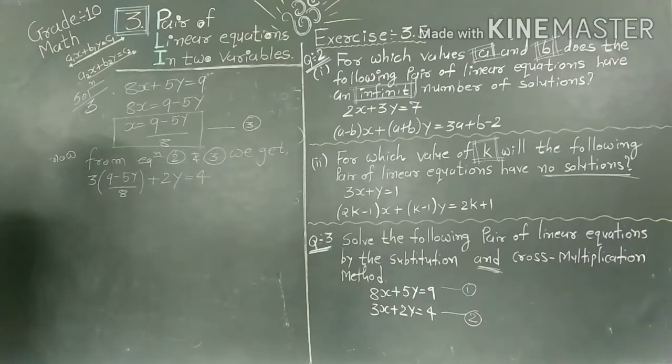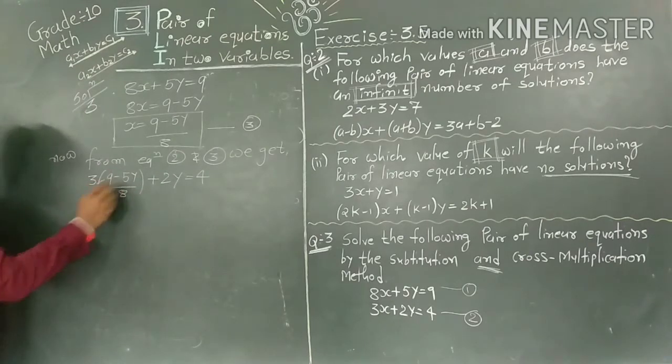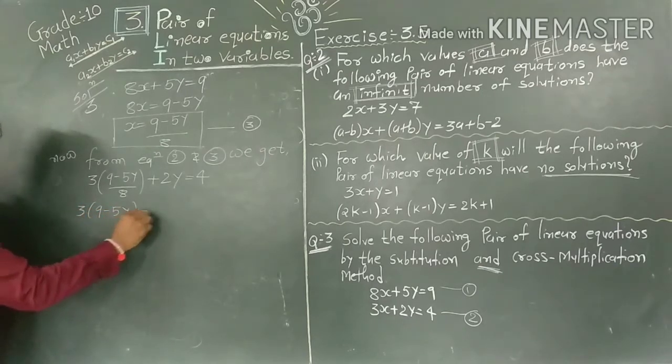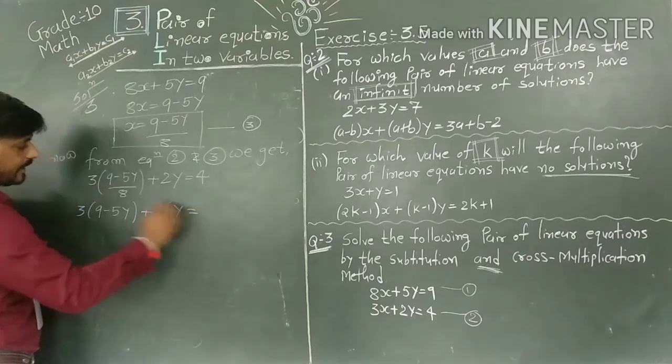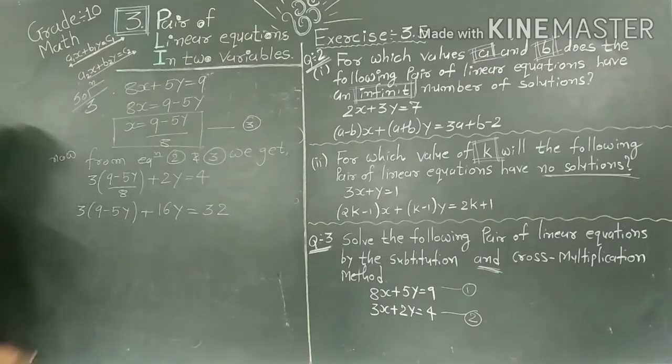Now I multiply every term by 8. What happens here? If I multiply, the 8 cancels, that means 3 into (9 minus 5y) plus 8 into 2y, that means 16y, is equal to 8 into 4, that means 32. Now open this bracket. How do we open it?